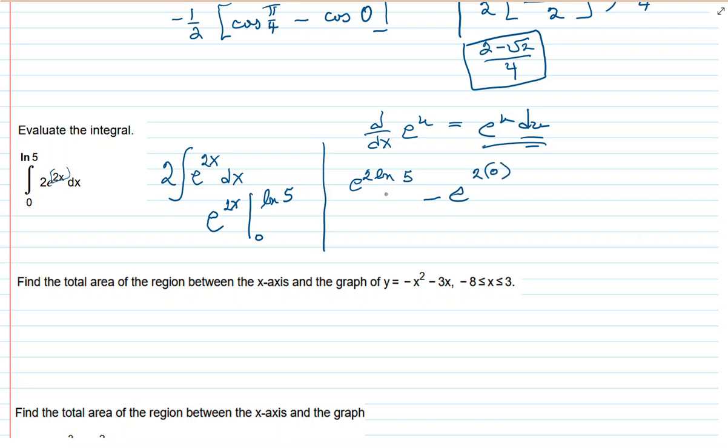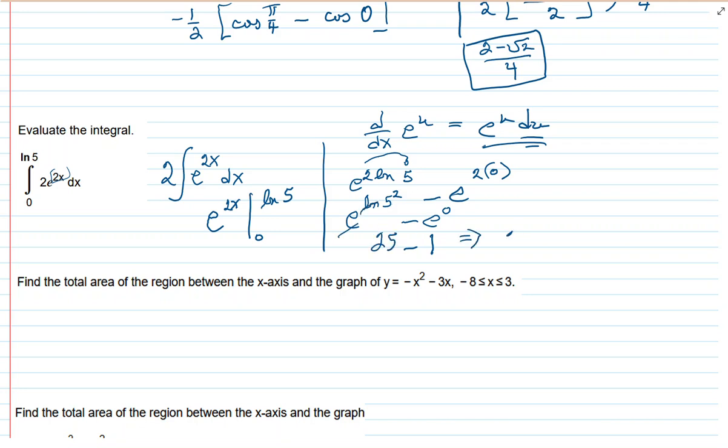Okay, well, this is interesting because we're going to use the rules of logarithms, which means I can do an exponential. Now we know any number to the 0 is 1, and these are inverses of each other, so I have 25.